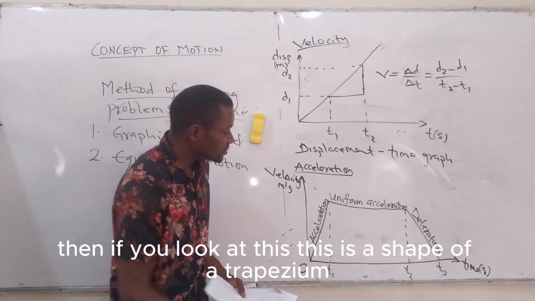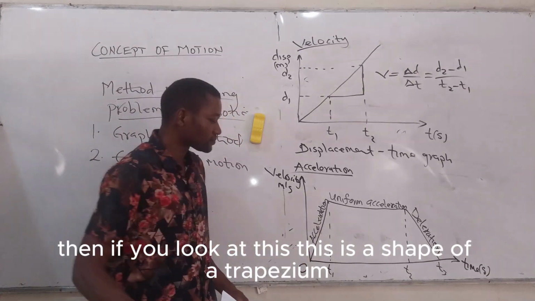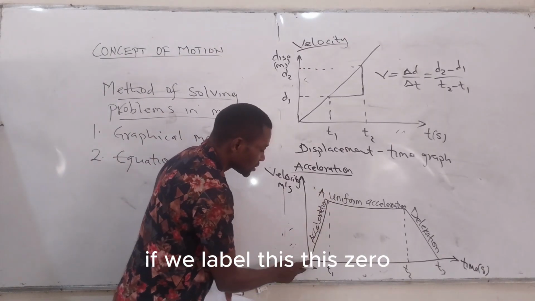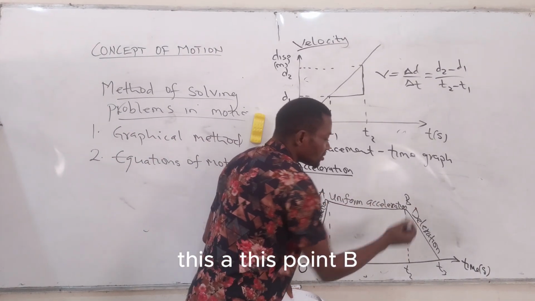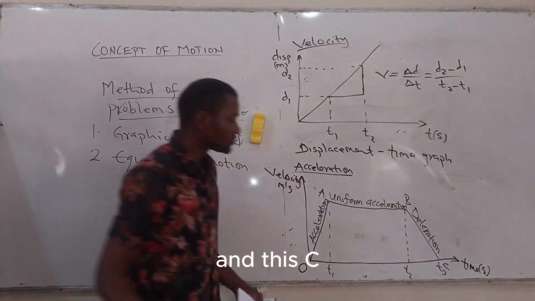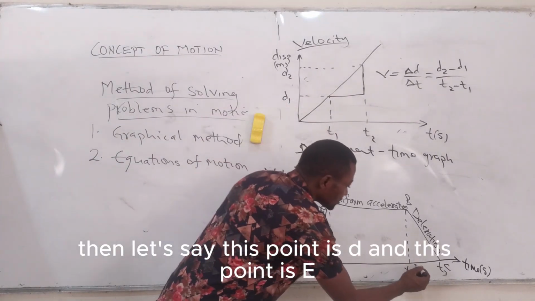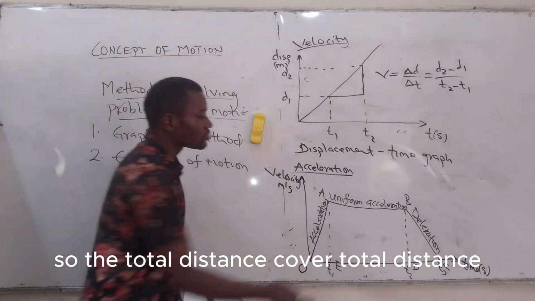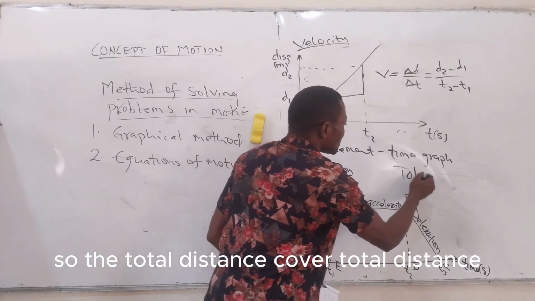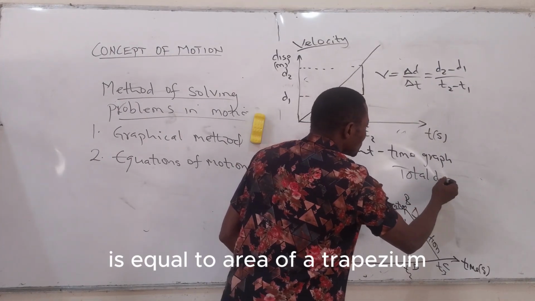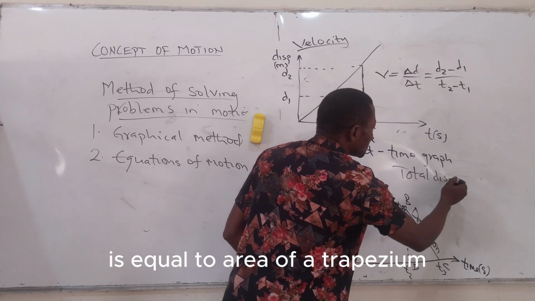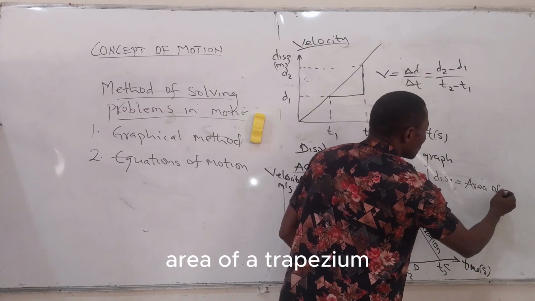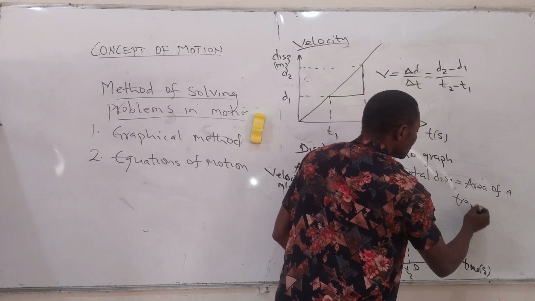Then, if you look at this, this is the shape of a trapezium. So if we label this, this is O, this is A, this is point B, and this is C. Then let's say this point is D and this point is E. So the total distance covered is equal to the area of a trapezium.